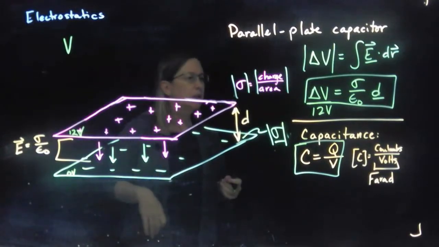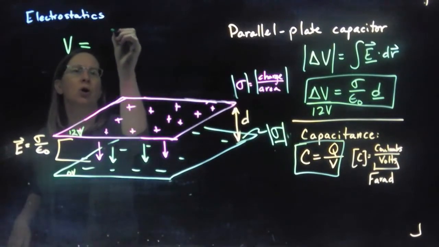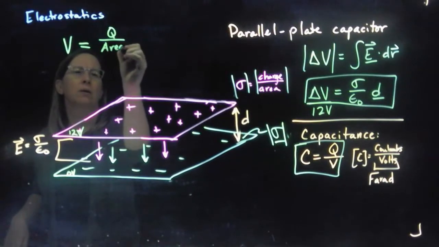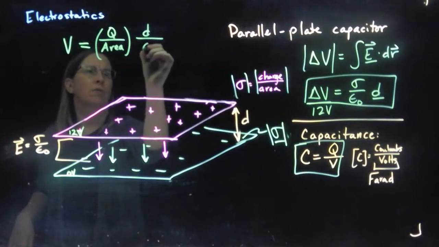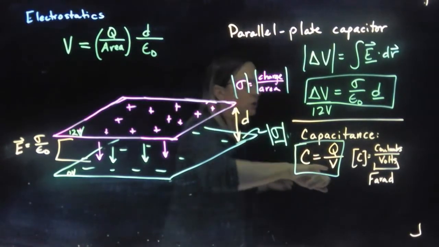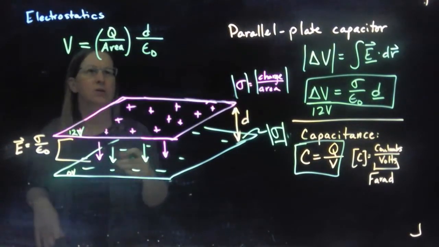So that's V is equal to, this sigma is our charge Q per area, right? And then there's a D over epsilon naught. And so I want to rewrite this so it's written as Q over V. So I'm going to divide through by V and throw everything else on the other side.